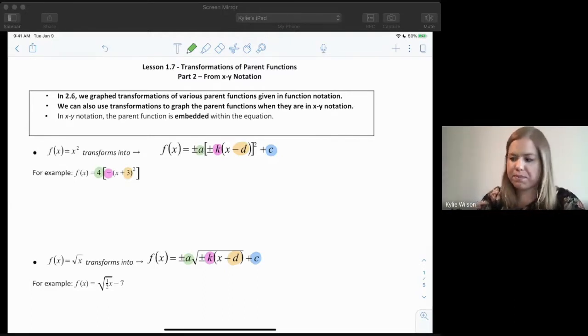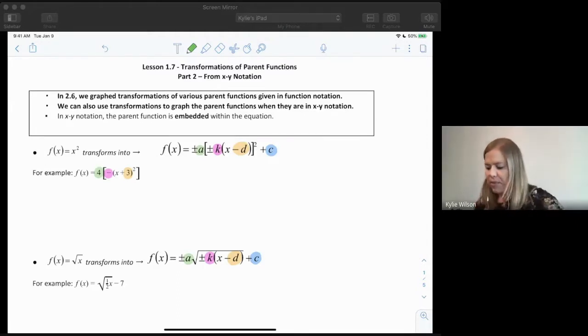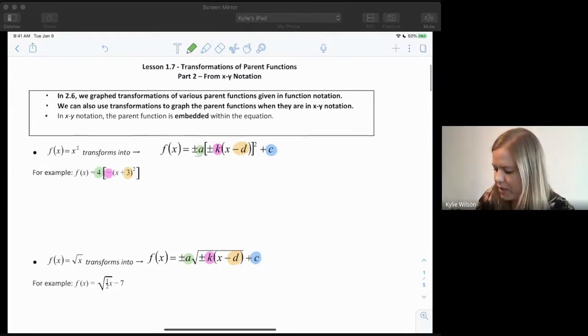Okay, so when we have our equations, we always have 4 different letters that basically tell us the transformations. Just as a reminder, we have our A here, and A is responsible for 2 things. It's responsible for our reflection in the x-axis, and also for our vertical stretch or compression.